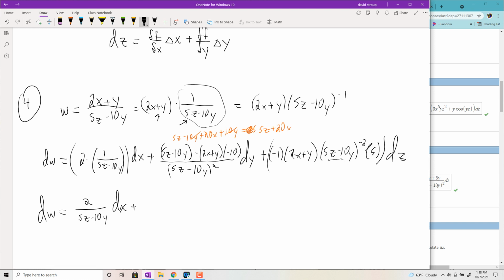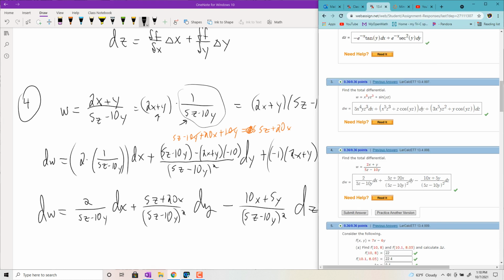So plus 5z plus 20x all over 5z minus 10y squared dy, and then all this business, so there's a negative in front of it, and in the numerator I'm going to distribute the 5, so I'll have 10x plus 5y all over 5z minus 10y squared dz, and then type it all in and cross your fingers and hope it works.